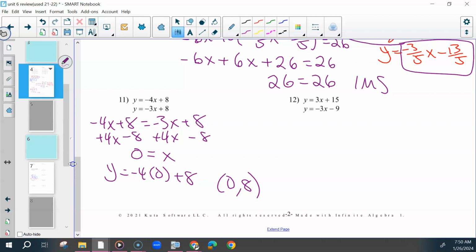Questions on that one or other? Laughing because you guys did the hum of agreement and that's easy. Word problems, any of those?